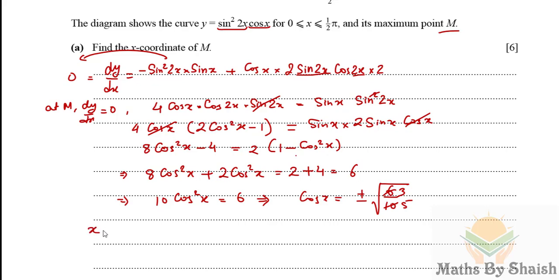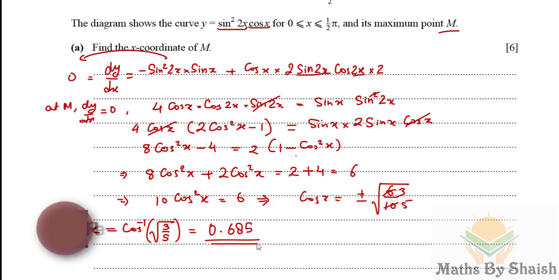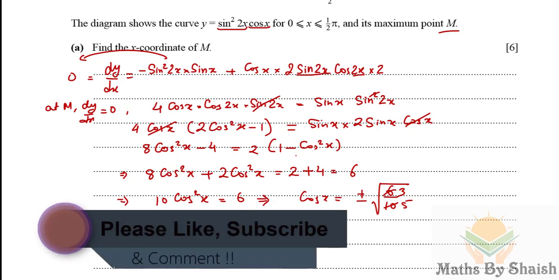From there we can get the x value as cos inverse of root 3 by 5, and we will calculate this value from the calculator, and this value is 0.6847. To three significant figures it is 0.685. I hope it is clear. Let's do the next question.